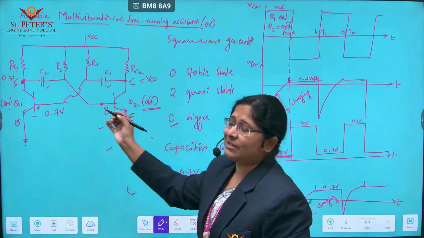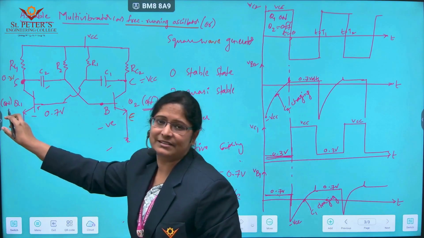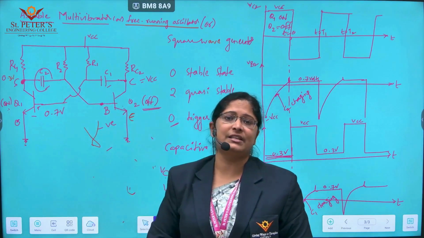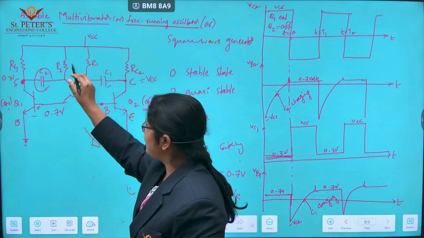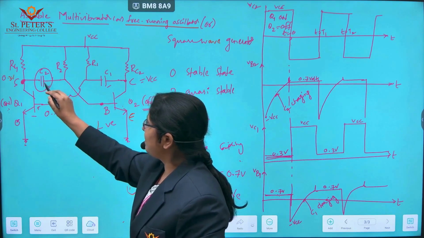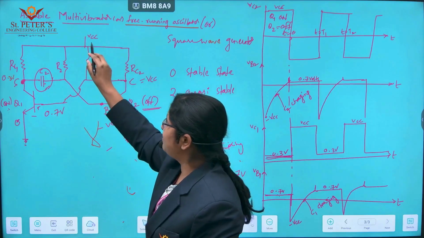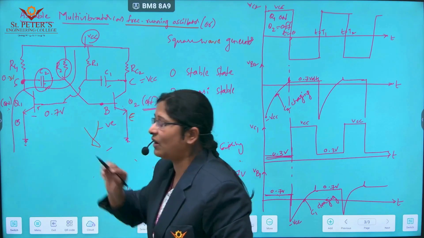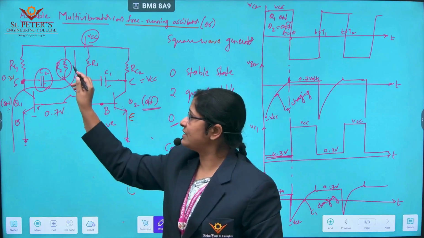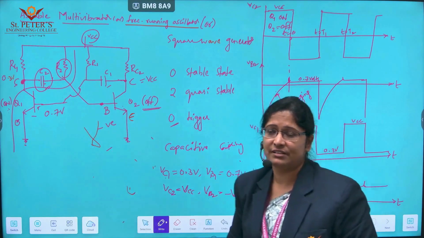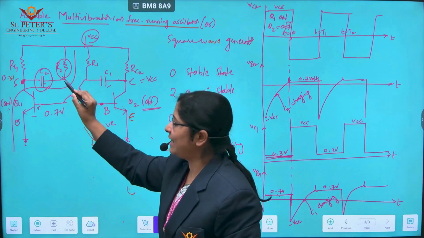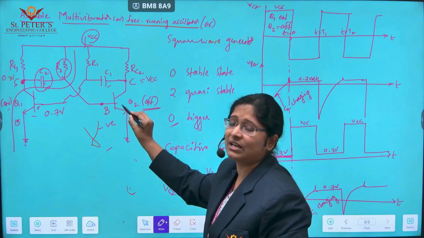Now let us try to understand. As this is an on transistor, this capacitor C2 finds the charging path. This is the charging path of the capacitor, from the power supply through the resistor R2.